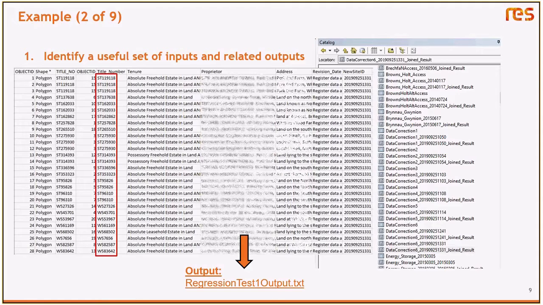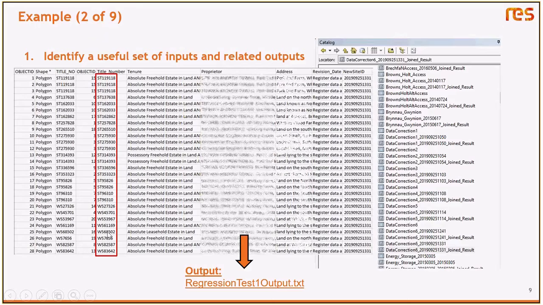Now the data that we receive from the land registry is stored in a specific inbox folder, and what we did in this case was we searched through all of the CSV files in that folder to identify the CSV files that contained these title numbers.